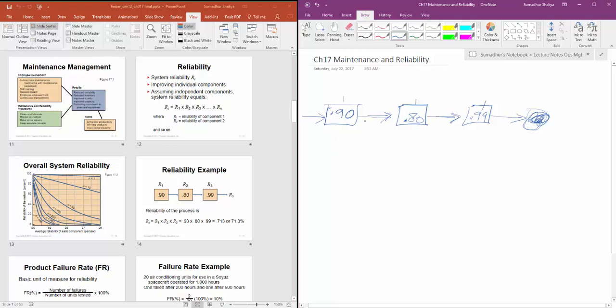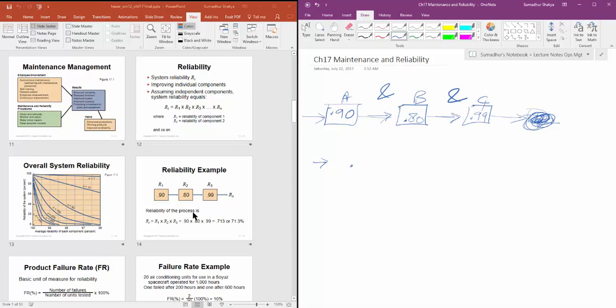The language reflects the fact that component A, component B, and component C all have to work. You'll have an output at the end only if component A and component B and component C all work. So based on the AND principle, you multiply the probabilities to get the resulting probability.